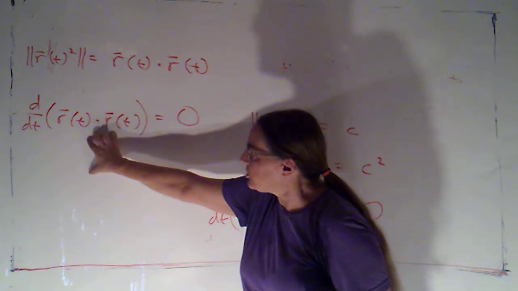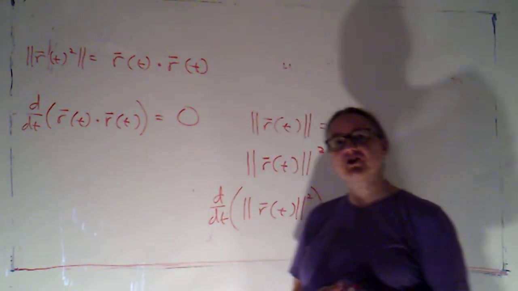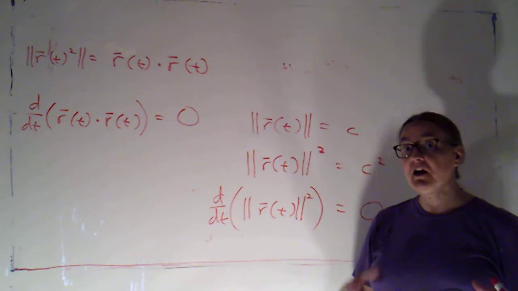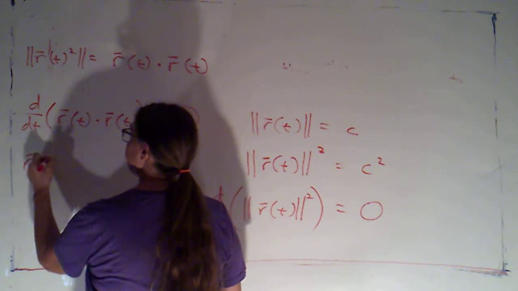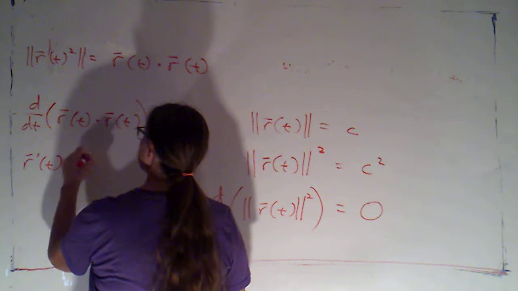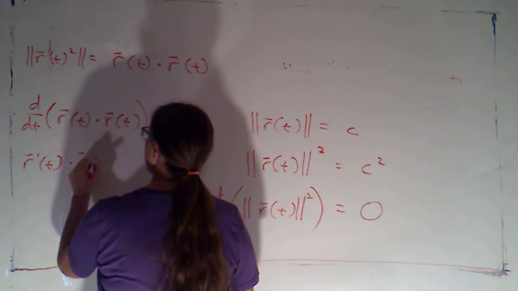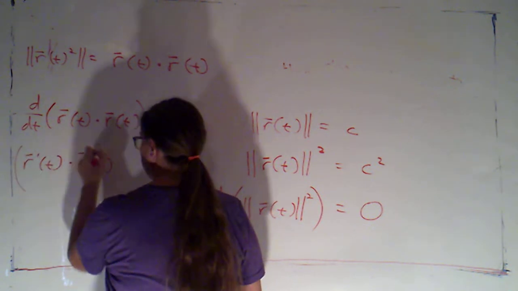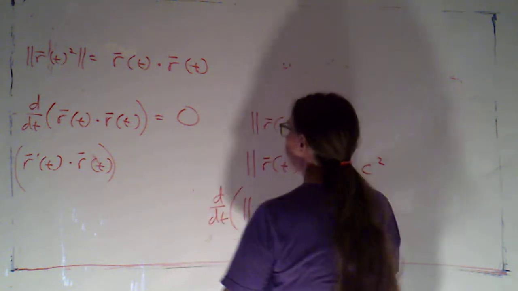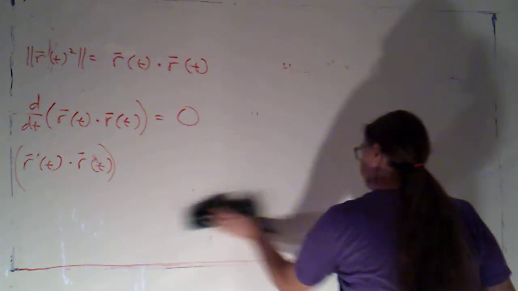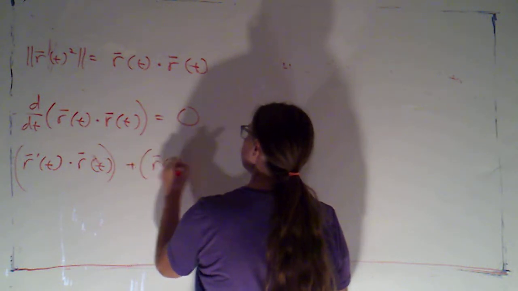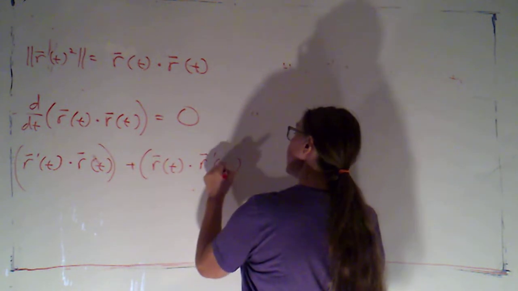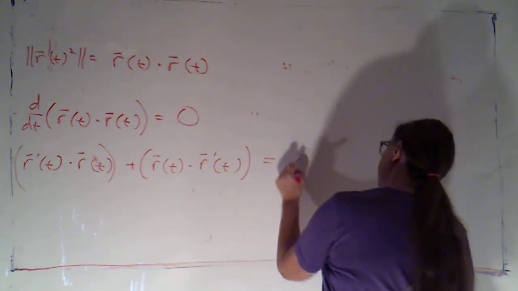But we just learned that there's a generalization of the product rule for the dot product. So this would be the derivative of the first factor dotted with the second factor. So r prime of t dotted with r of t, plus the first factor, r of t, dotted with the derivative of the second factor. And that's still equal to 0.